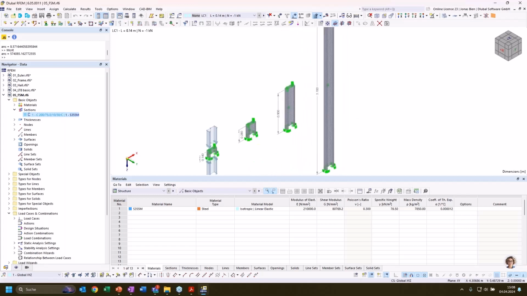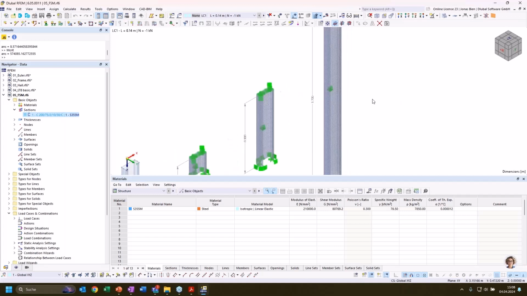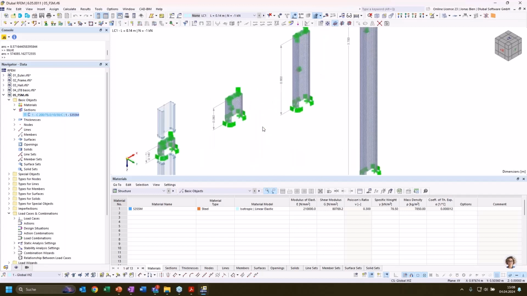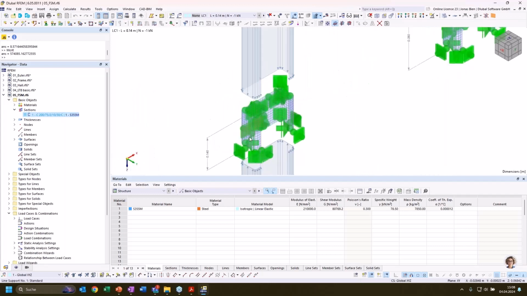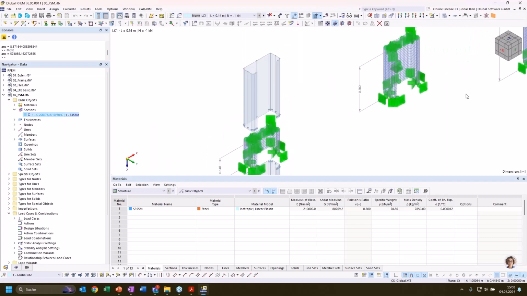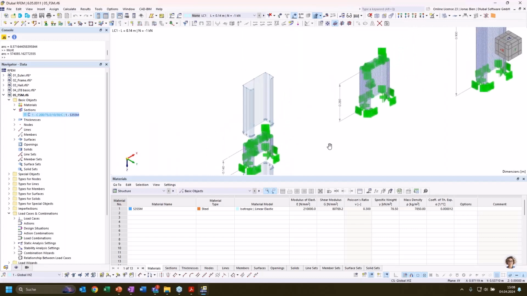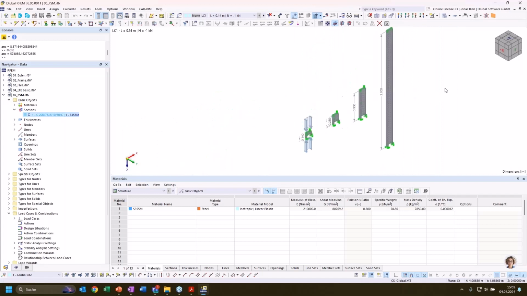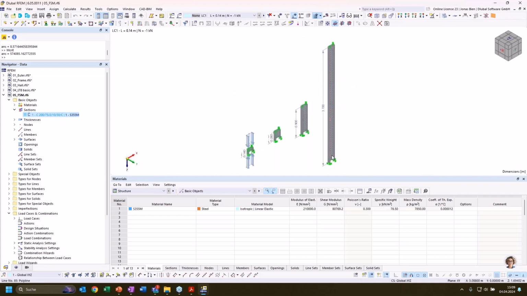And then I have modeled 4 different members with different lengths. So I have a very short element of this C section, then one which has double the length, one with a length of 90 centimeters, and a very long C member as a shell model.